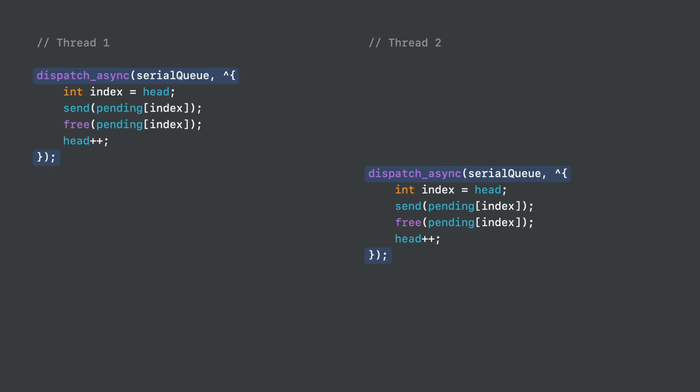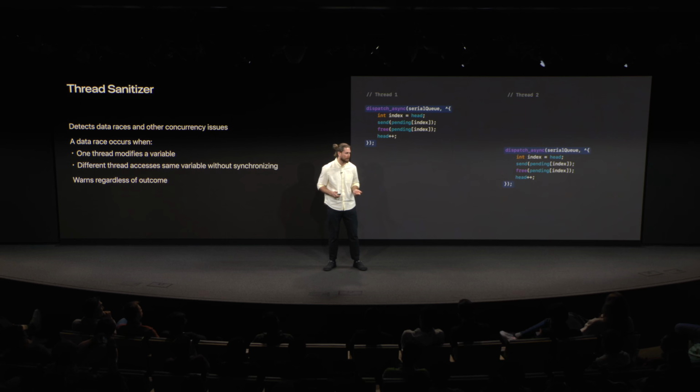To fix this, I use a serial dispatch queue to ensure that each of these sections runs atomically and that the reads and writes are synchronized. On the right, I've wrapped these in dispatch async and they'll run on a dedicated serial queue. Using Swift concurrency prevents any data races.